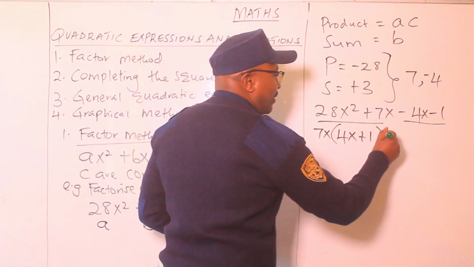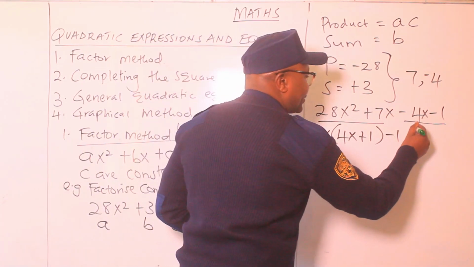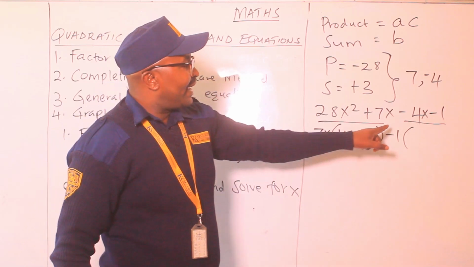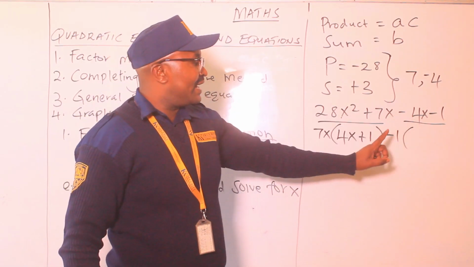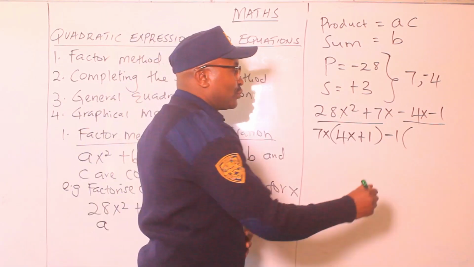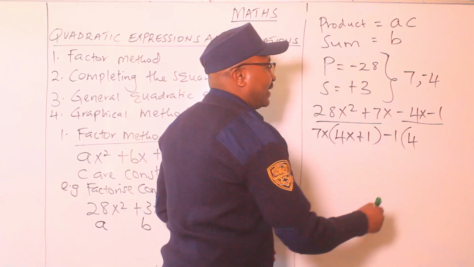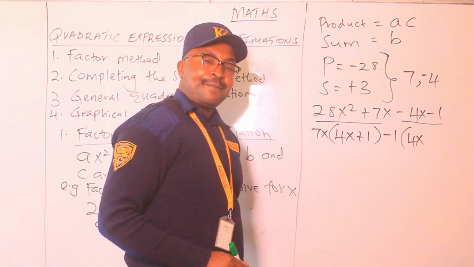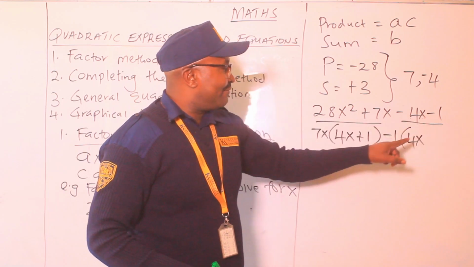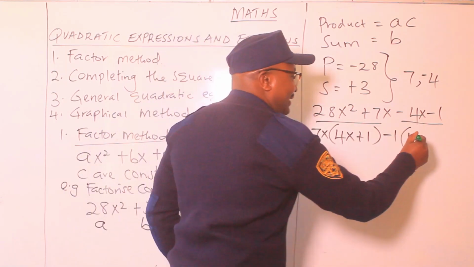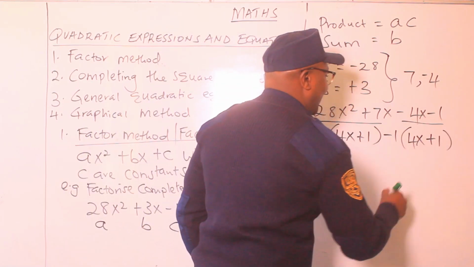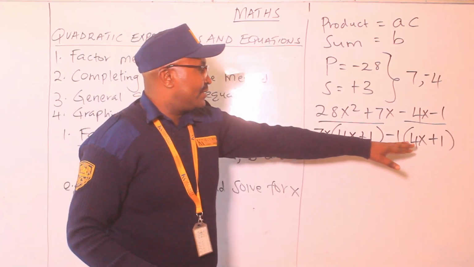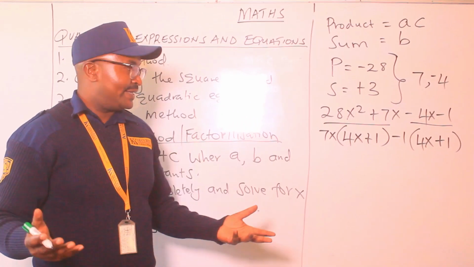We can have negative 1, because negative 4x divided by negative 1 gives positive 4x, and negative 1 divided by negative 1 gives positive 1. So you can see in both brackets the values are the same.